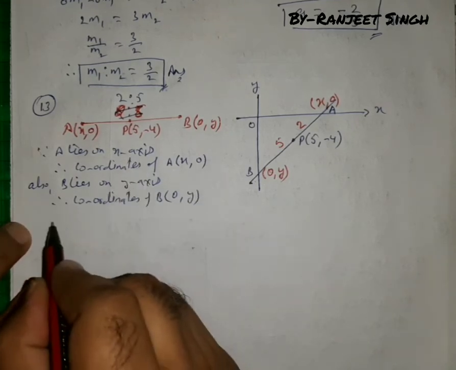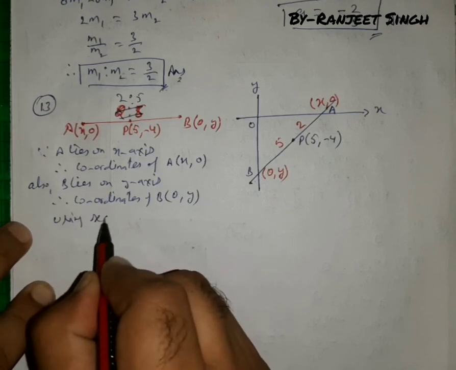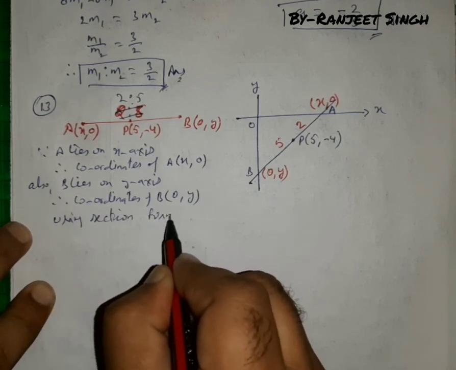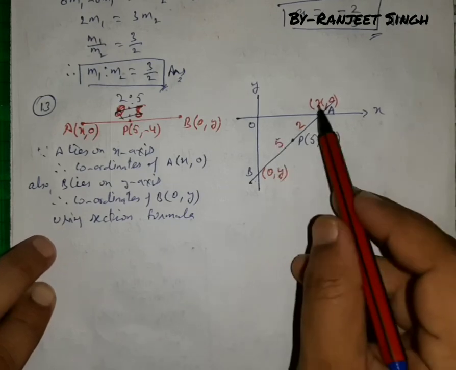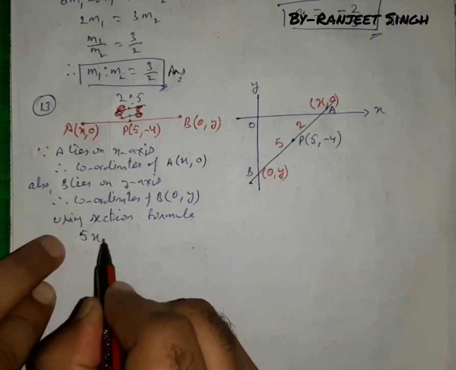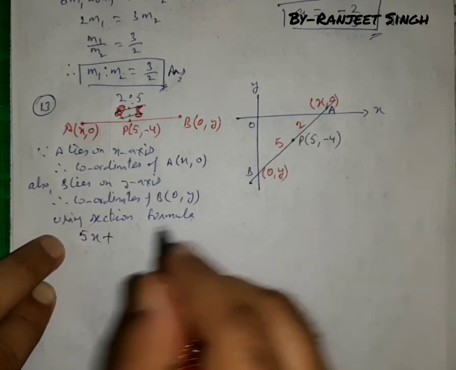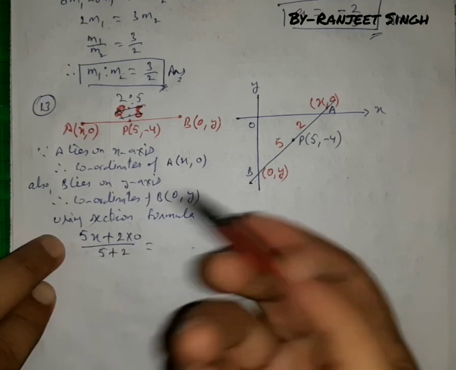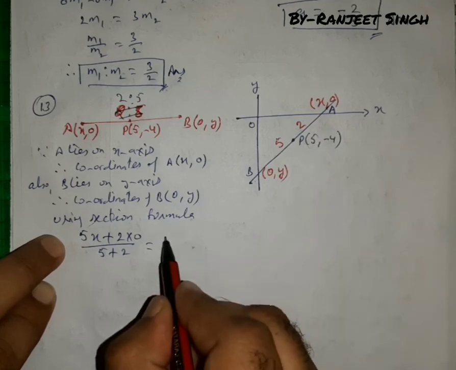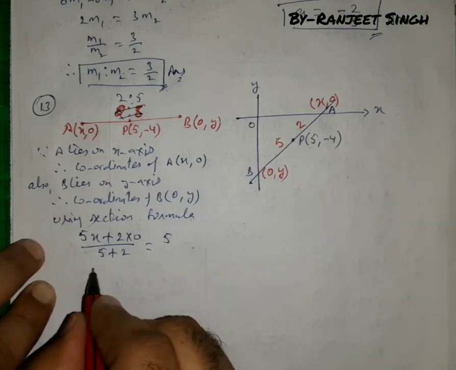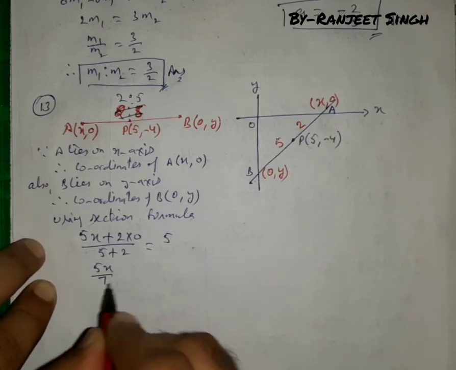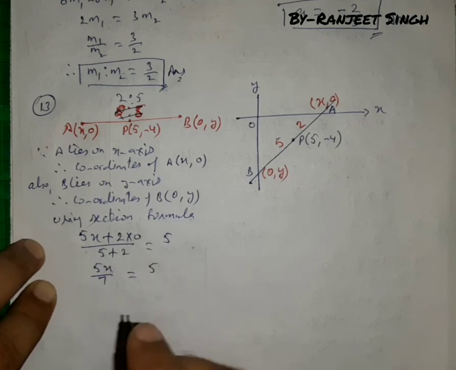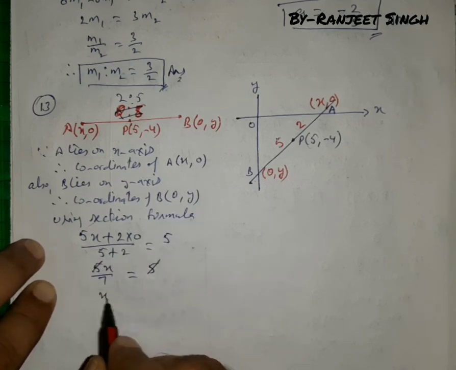So here using section formula, m1 x2, so it is 5 multiplied by x plus 2 multiplied by 0 over 5 plus 2 is equal to the value of x, that is given as 5. So 5x over 7 is equal to 5. So 5 will get cancelled with 5, so x is equal to 7.